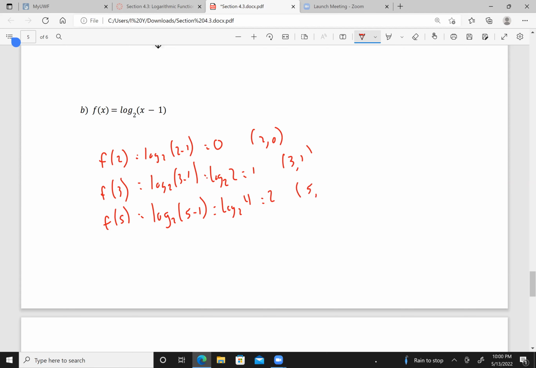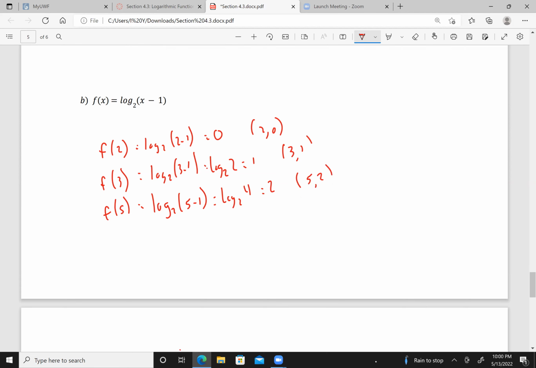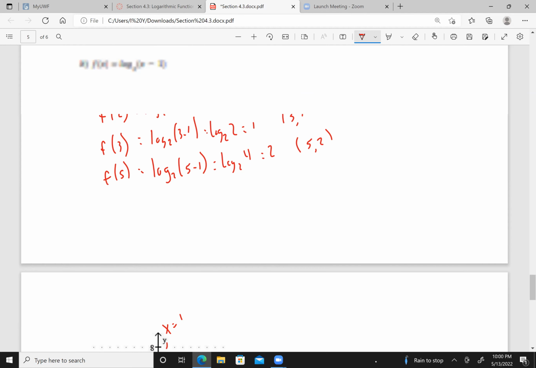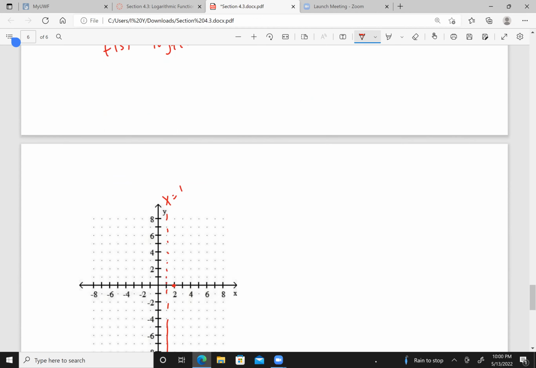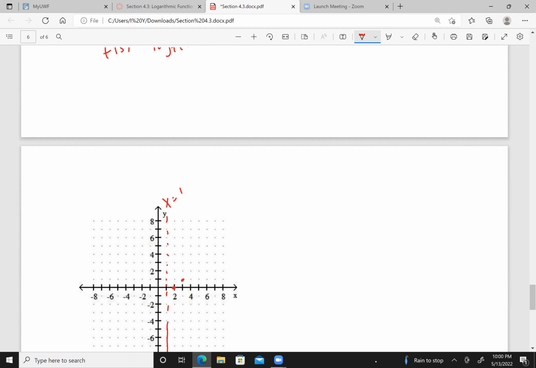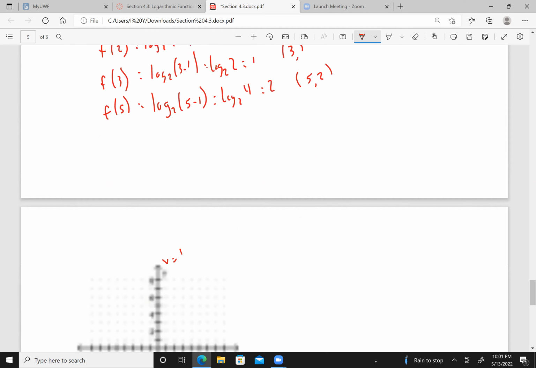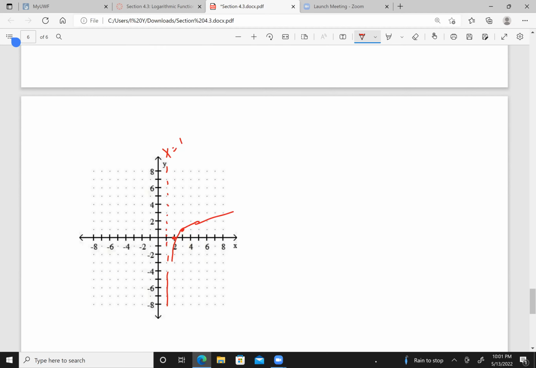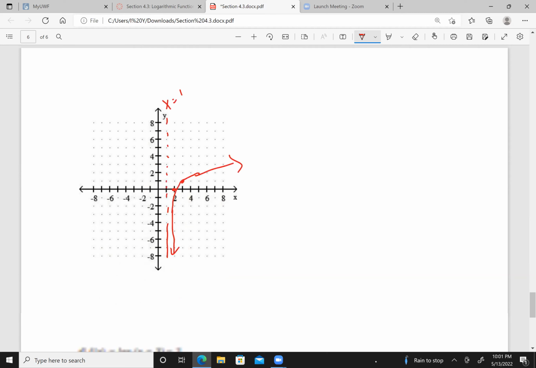I have 5, 2. So I have my 3 points: 2, 0; 3, 1; and 5, 2. So that is my graph.